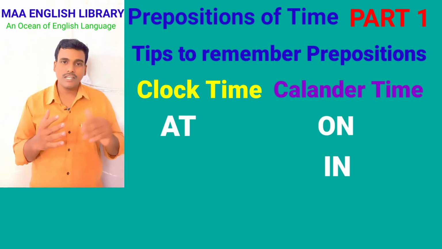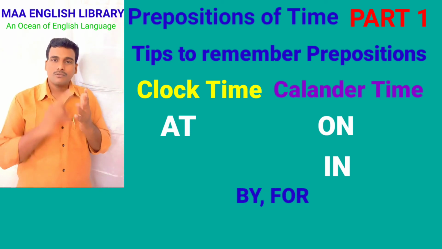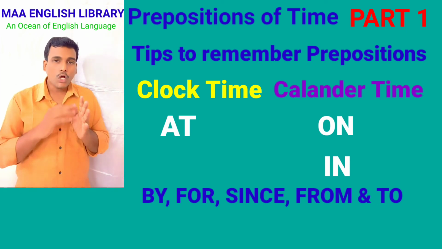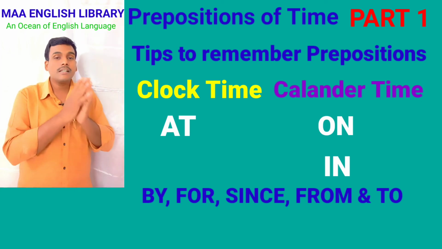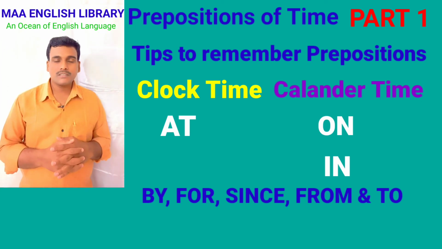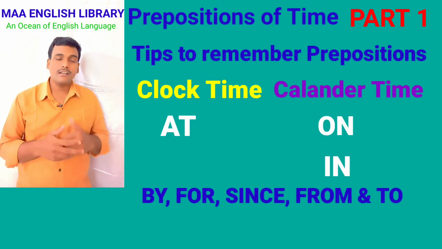So they are for calendar time. "By", "for", "since", "from" and "to", all these prepositions are used for calendar as well as clock times. For both purposes we use all these prepositions. Those are the clues that we can remember.